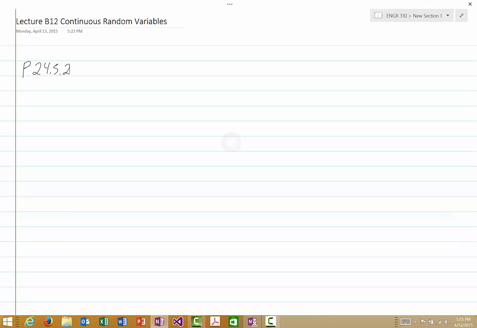And so this problem says graph the density function little f of x is equal to kx squared, and that's for 0 less than or equal to x less than or equal to 5.